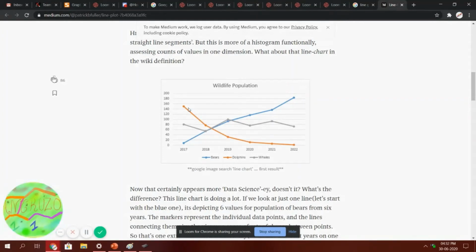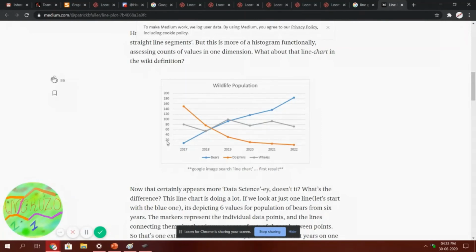Also for dolphins, in 2017 they were about 150, and it's sad for the dolphins because their population reduced as time went on. For the whales, they started at 80, and then they went down, then up and down and down and down and then up.